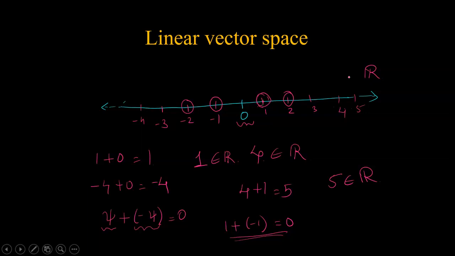And there exists one, this identity 1, such that 1 into any number from this number line, let's say 8, will give you back the same 8. So this is indeed a vector space, a linear vector space.